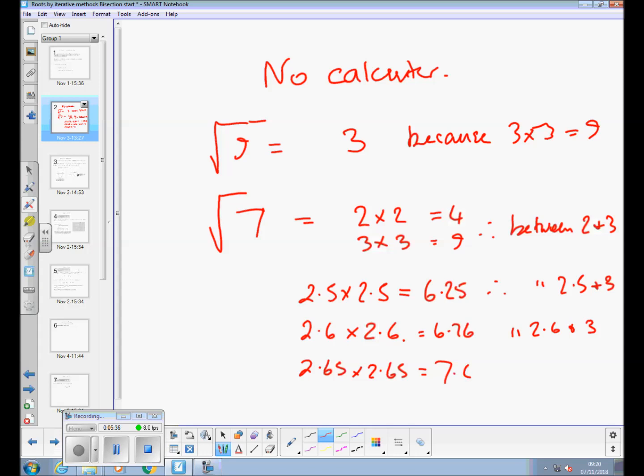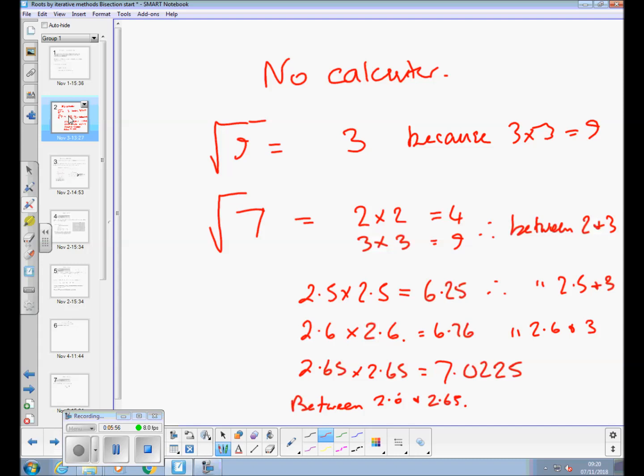I'll give you that at 7.0225. Yeah, so we are between 2.6 and 2.65. And we could go on.